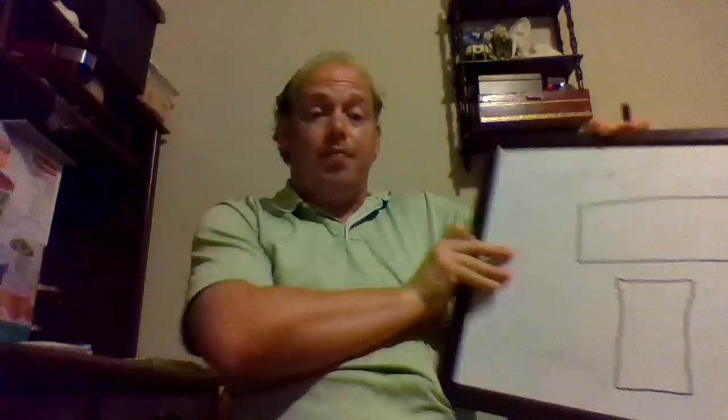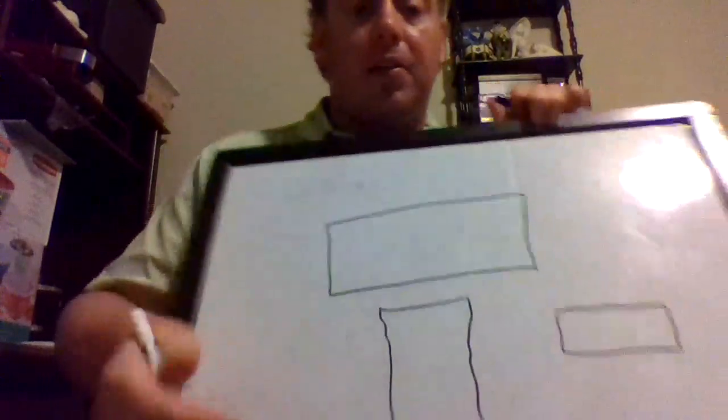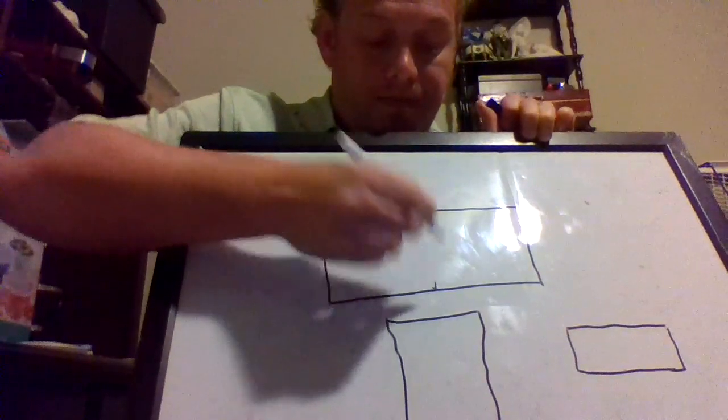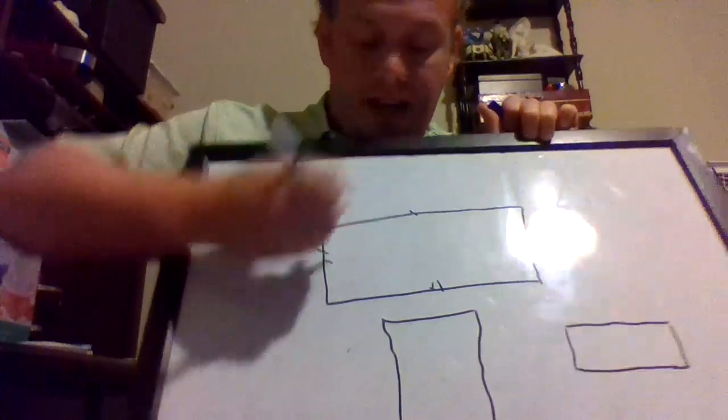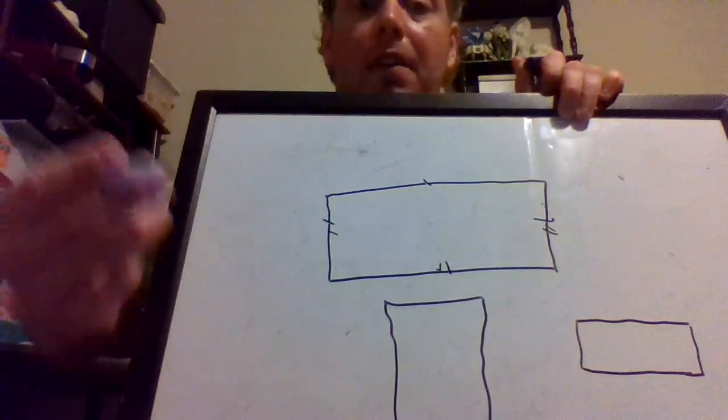But we could draw this rectangle up and down like this, or at the bottom. We could draw this rectangle really small, like that, right here. But the thing that makes a rectangle is that these sides are equal and these sides are equal. So we can say that it has two pairs of equal sides.